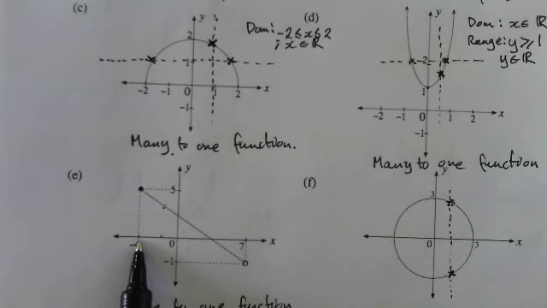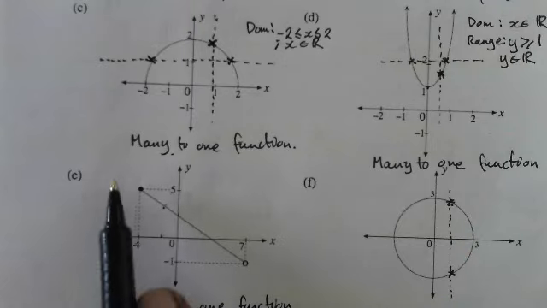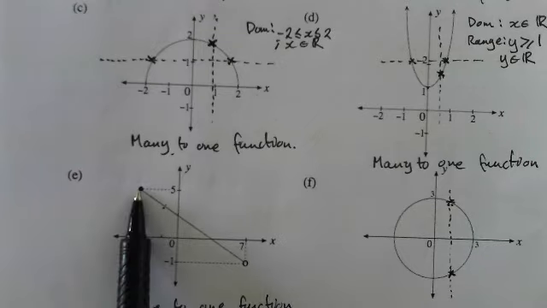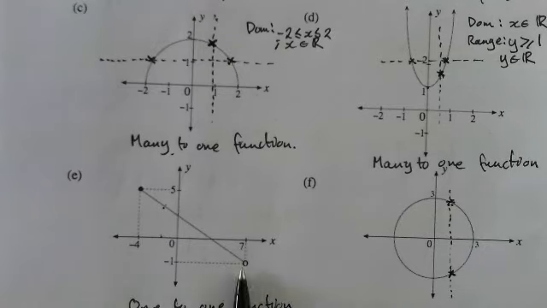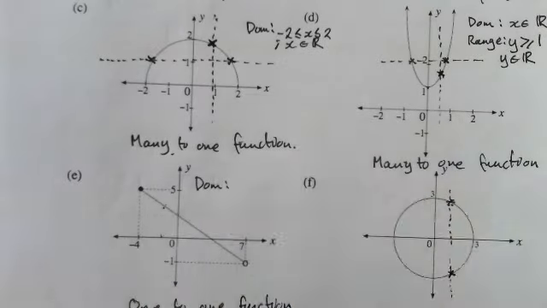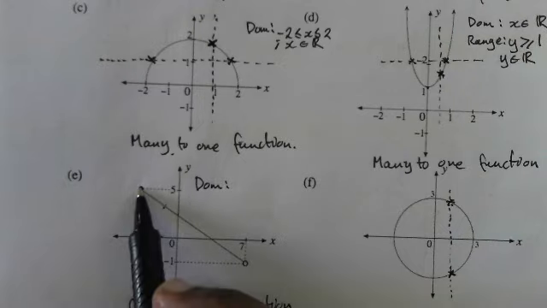E is different because we can actually see that it's starting at -4. We can see it here. This graph is different from B. B had an arrow there, which means the graph is going to go on. But this one is stopping here, and it's stopping here. So for our domain, do you still remember your number lines from inequalities?